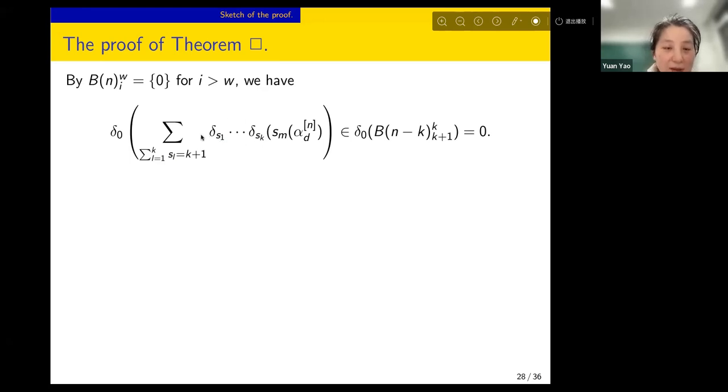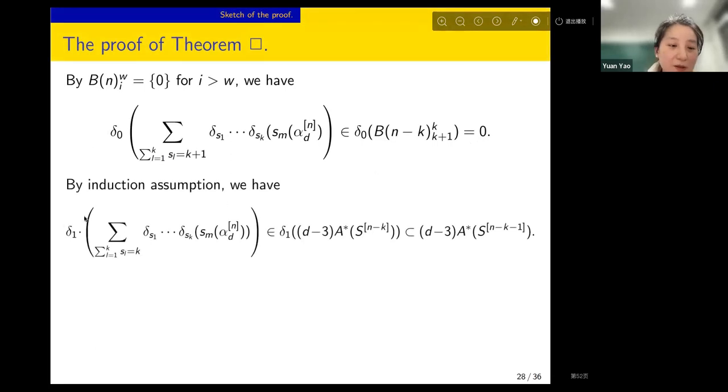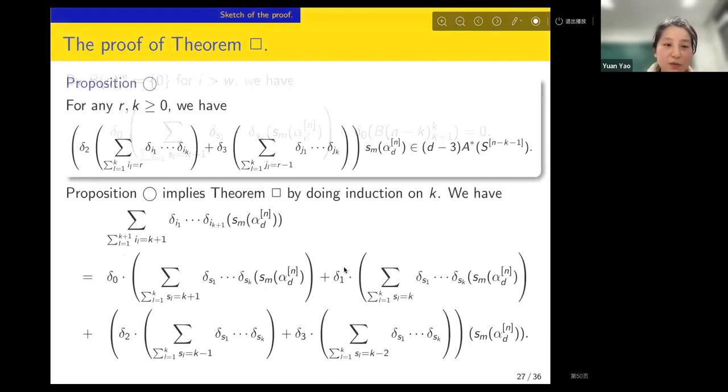You get all this together, so the total number of theta 0 and theta 1 should be equal to K. That's why the number of theta 0 cannot be K plus 1. This is not possible, so this term is 0 automatically, and the second term is by induction summation. So now we have this proposition proves the theorem.